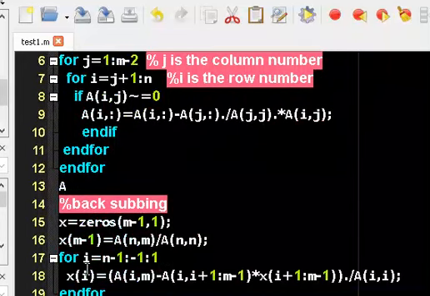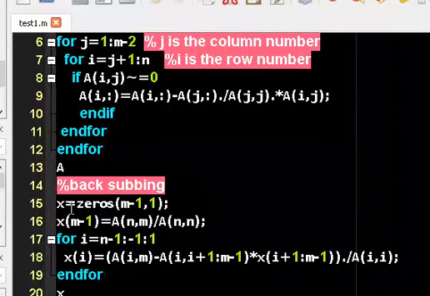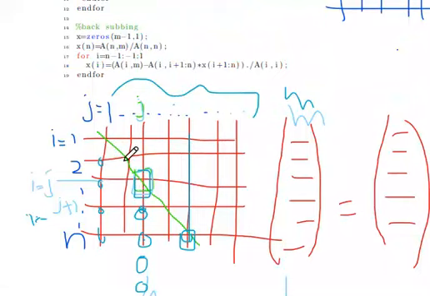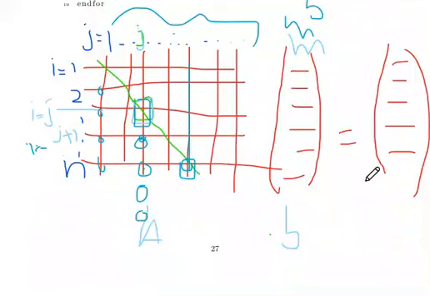Now let's discuss back substitution. How do we obtain solutions to this reduced system? Now A becomes an upper triangular matrix, and B has been changed to a new B tilde, right? The variable set doesn't change.